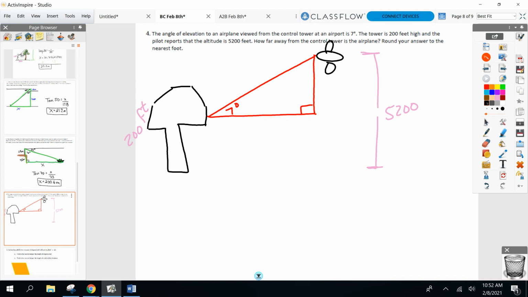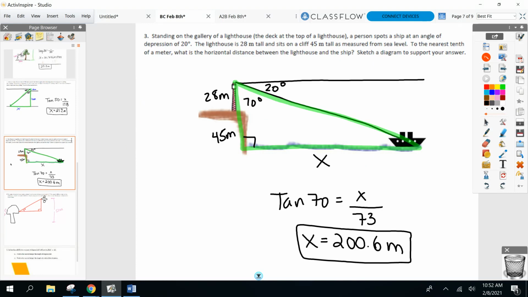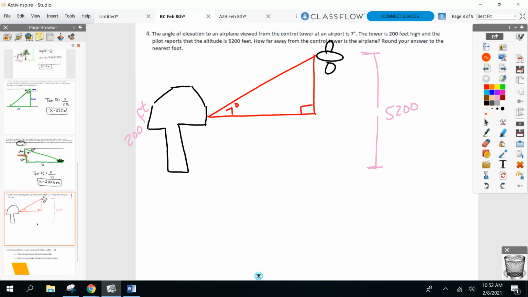Here's the thing I need you to focus in on because I changed the direction from last problem. How far away is the tower from the plane? Not like I did in the last problem. What is the horizontal distance? Now what I'm looking for, I drop the word horizontal, tower to the plane.